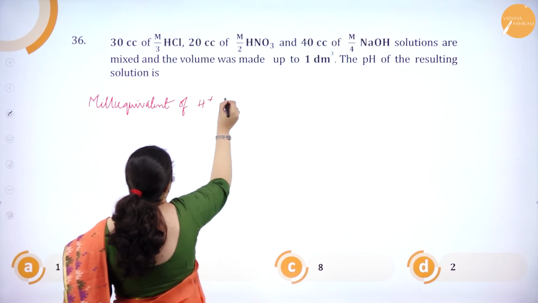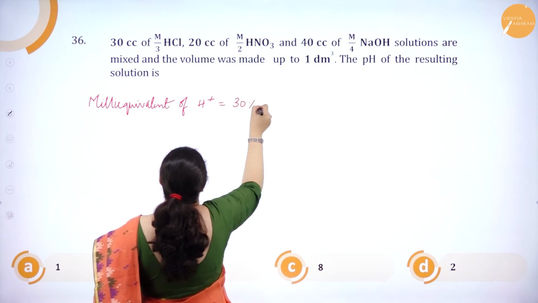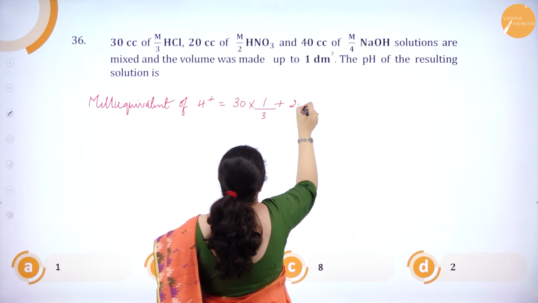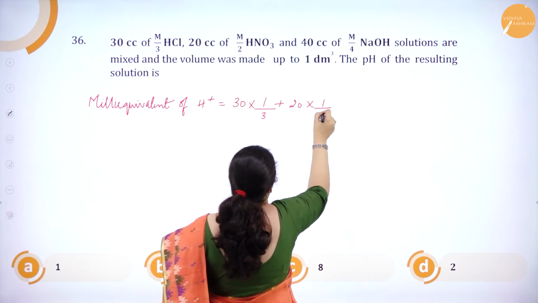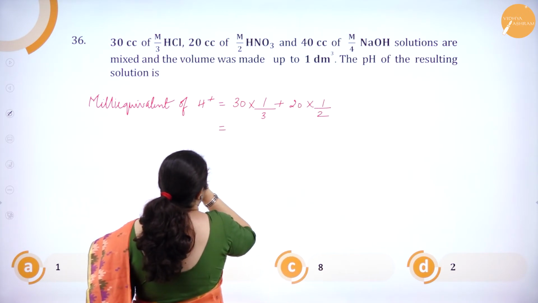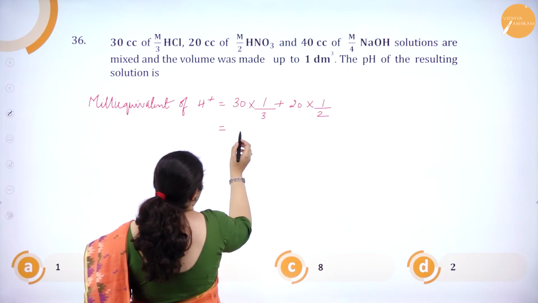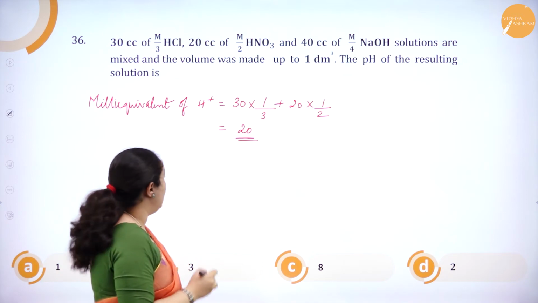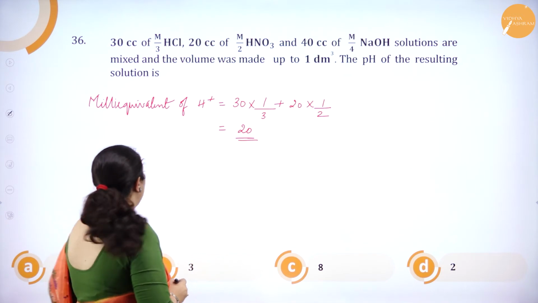Milli equivalents of H plus ion is 30 cm cube into what is the molarity, 1 by 3, plus 20 cm cube into what is the molarity, 1 by 2. So if you see this, you will get it as 20. Correct? So it is 20 milli equivalents.